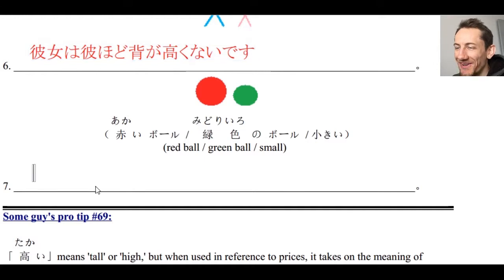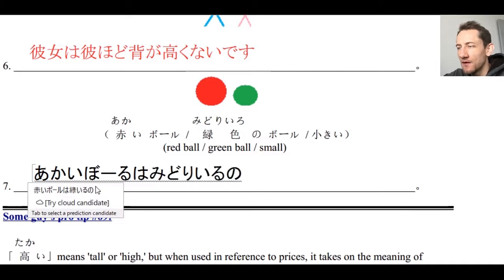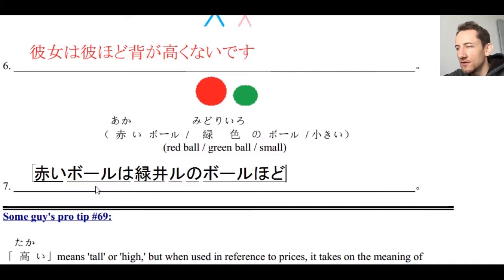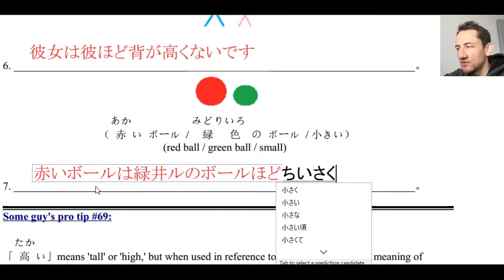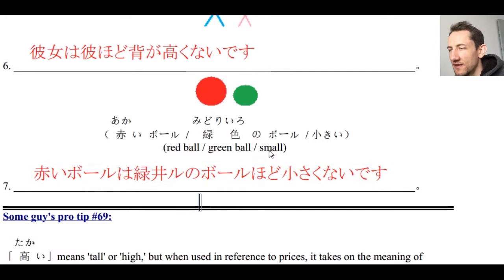Okay, well, I guess we can review. 赤いボールは緑色のボールほど小さくないです。So the red ball is not as small as the green ball. I think it should be big. It should be the green ball. I think maybe that's the mistake I made.